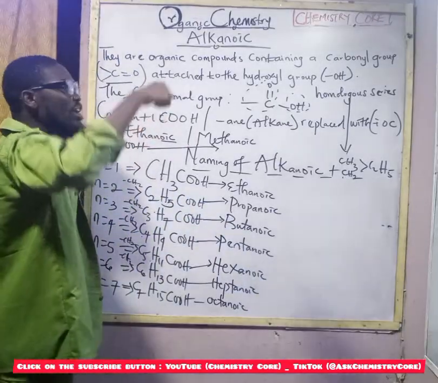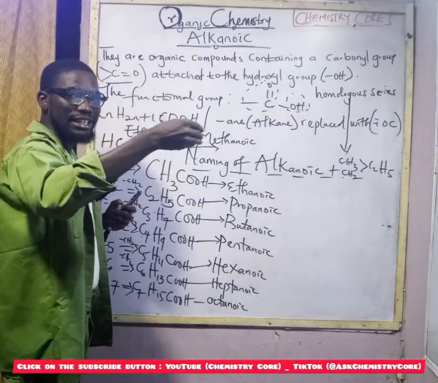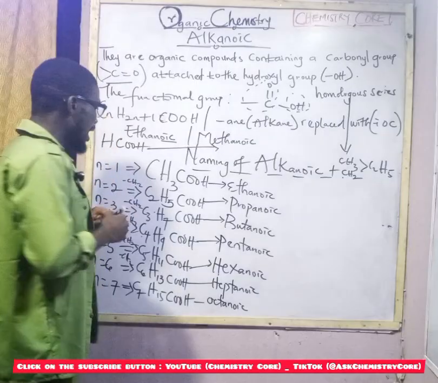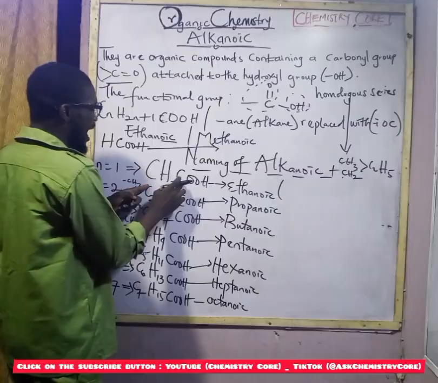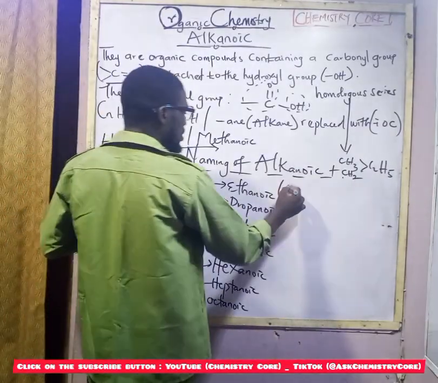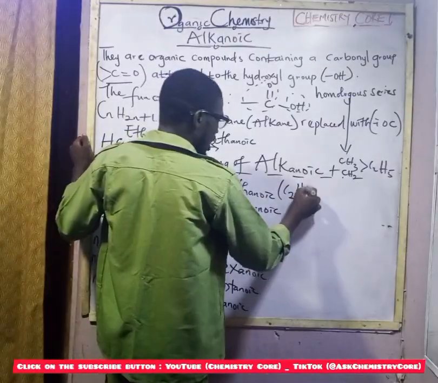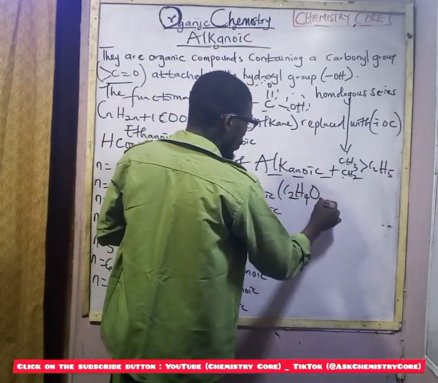Mind you, when you go back to the parent alkane, our ethane having ethanoic always has what? C2. Now, let's take a look at another way of having this ethanoic acid. If you add this to this place, we'll be having C2, then add your H to this, we have CH4. Then how many oxygen left? We have O2.